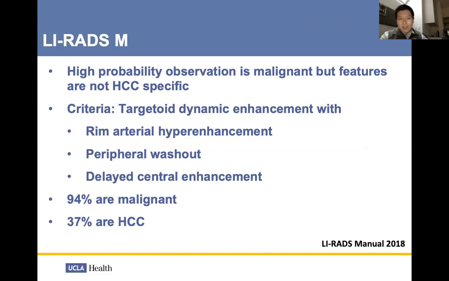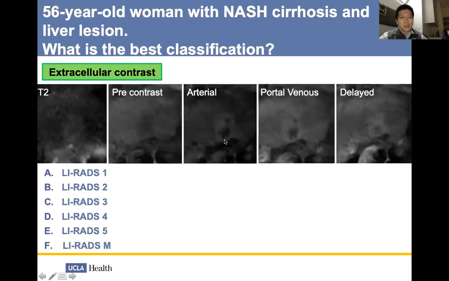And 94% of these end up being malignant per the LI-RADS manual. And most of these, almost half of these, a plurality of these are going to be HCC. But the criteria here is targetoid dynamic enhancement with either rim arterial hyperenhancement, peripheral washout, or delayed central enhancement. I think we had rim arterial enhancement here.